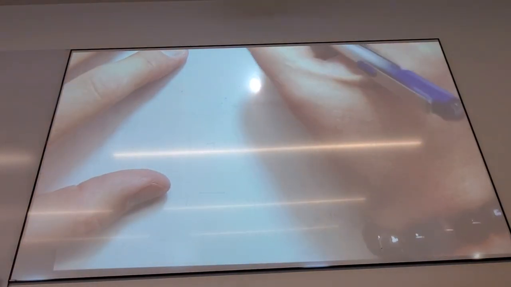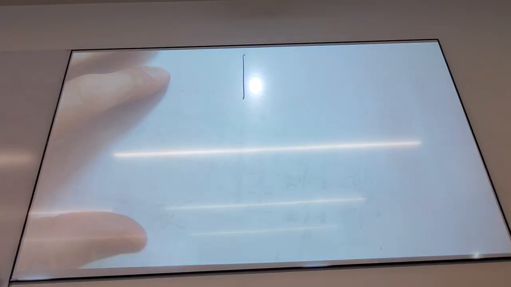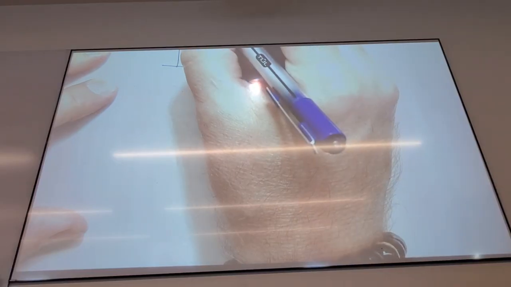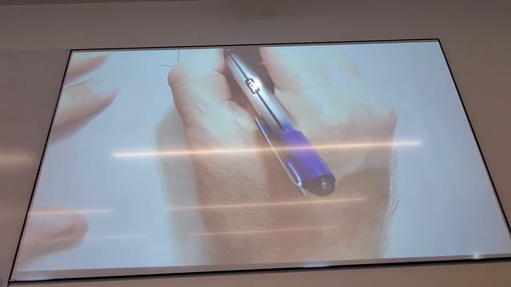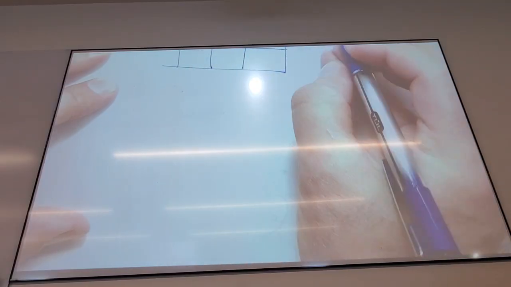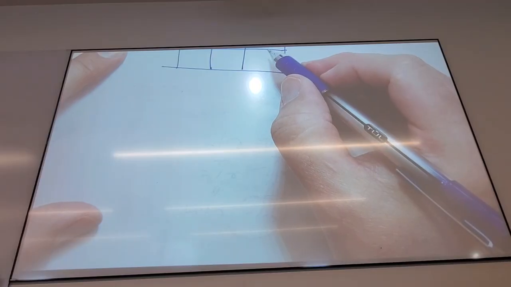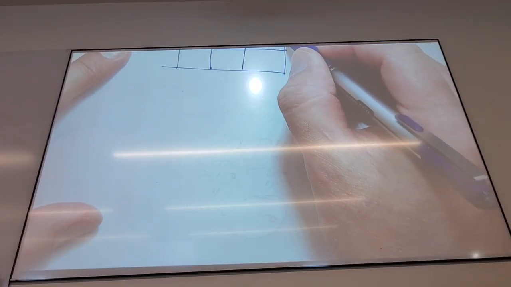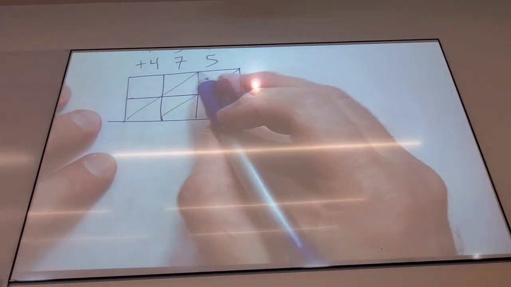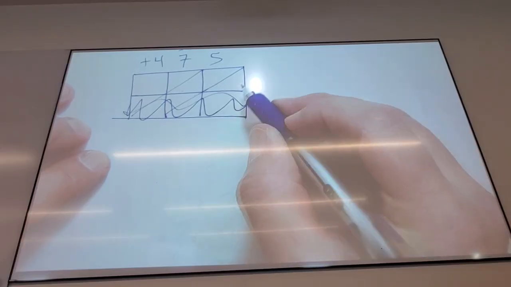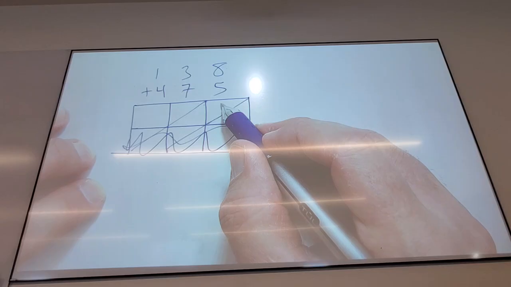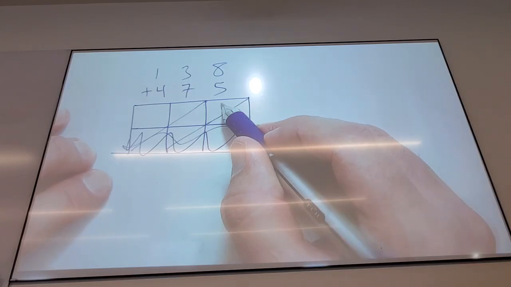Lattice addition. I know. Is when you've got like, I don't know. Oh, did I put too much? Maybe I did. Oh, shoot. Yeah, I put 1 row too many. I'll be alright. So then 8 plus 5, 13.